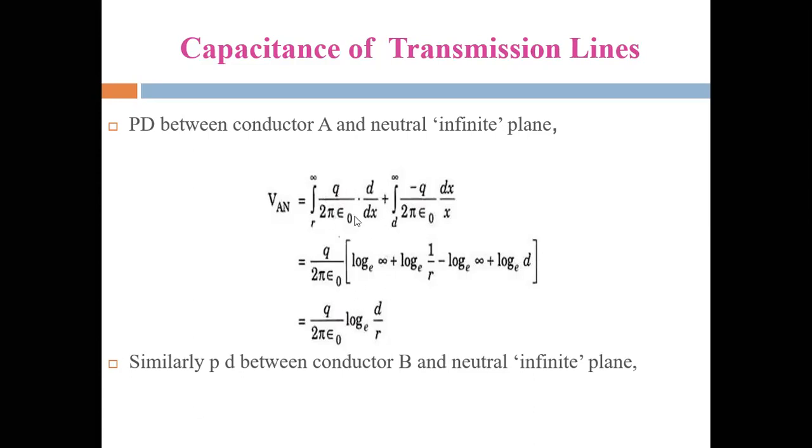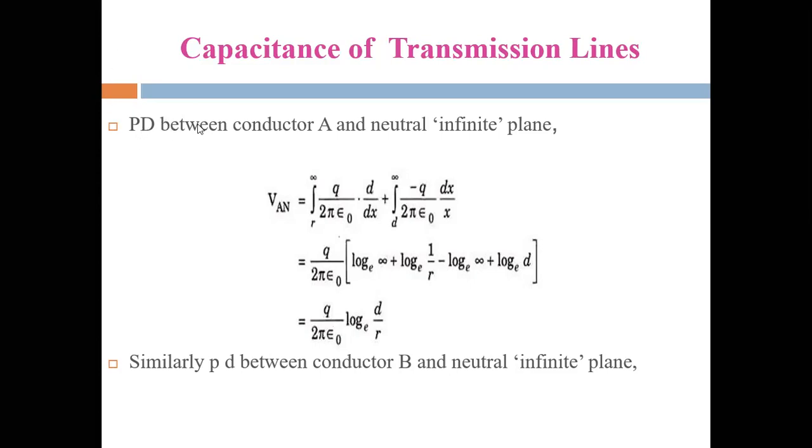Then integrate this term, which gives log x, apply the limits and simplify. Therefore VAN is equal to q by 2 pi epsilon naught log e d by r.